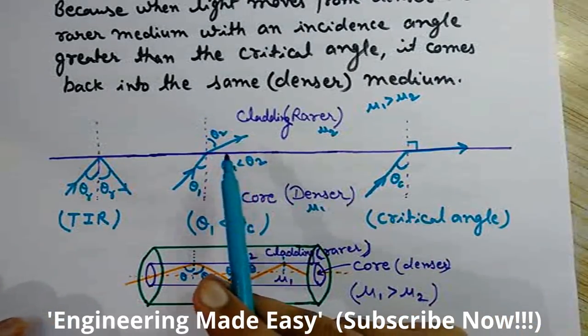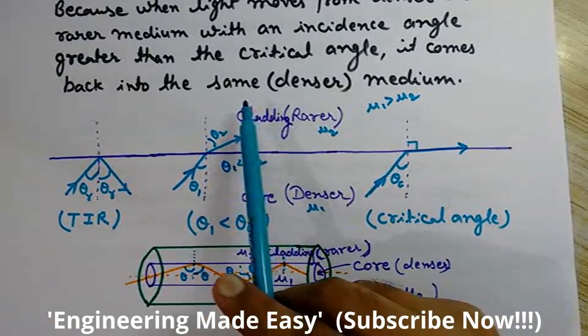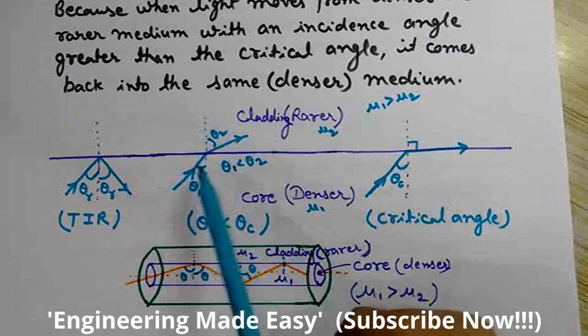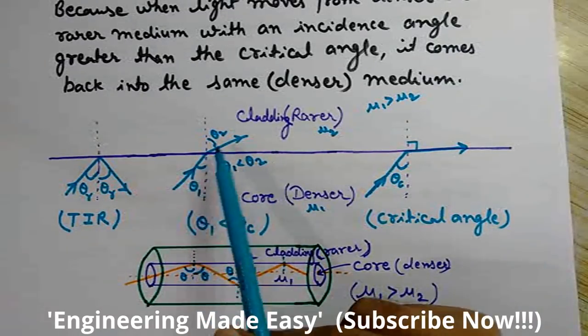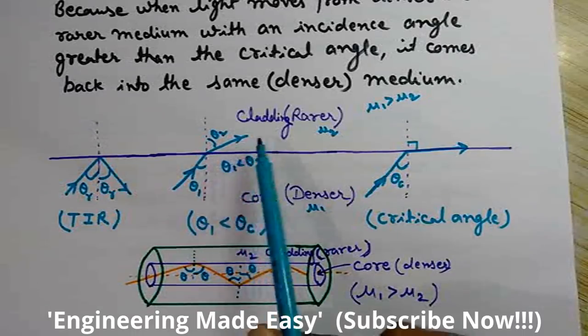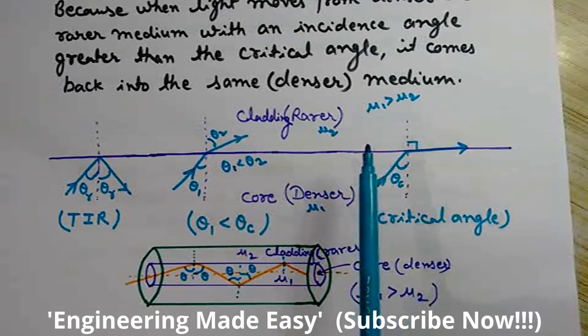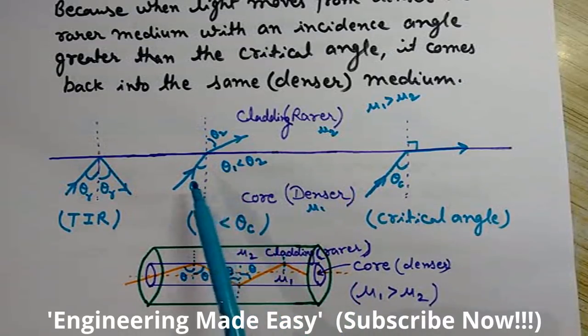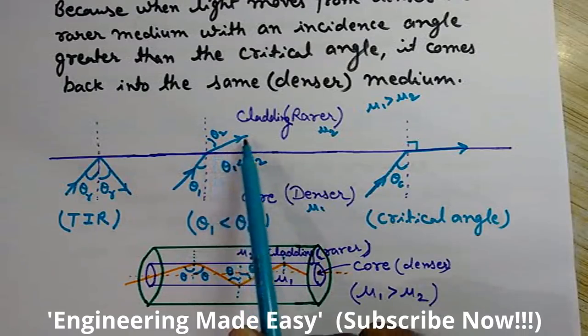If it were the opposite case, moving from rarer to denser, it would come closer to the normal. In our case we need only this concept: it moves away from the normal when it enters the rarer medium. If we keep increasing theta 1, theta 2 will also increase.